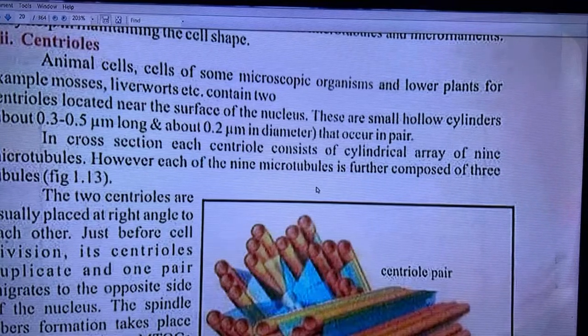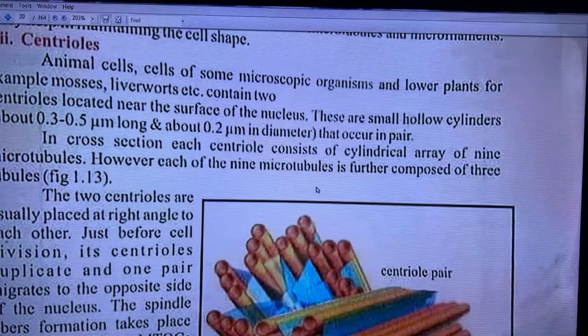In cross-section, each centriole consists of a cylindrical array of 9 microtubules. However, each of the 9 microtubules is further composed of 3 tubules. The two centrioles are usually placed at right angles to each other. Just before cell division, the centrioles duplicate and one pair migrates to the opposite side of the nucleus.